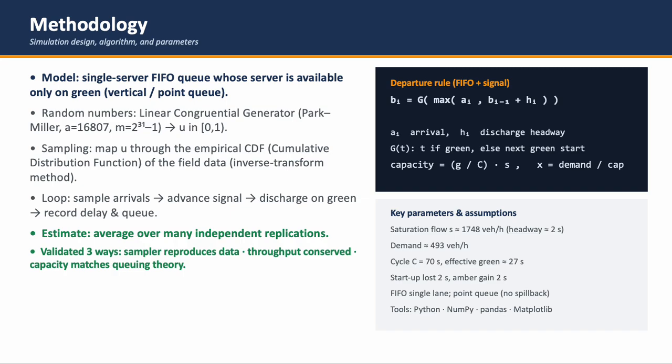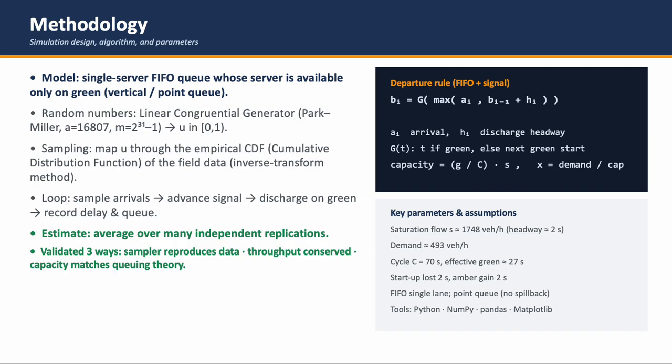Methodology. Let me explain how the simulation actually works. At its core, each approach is a first-in, first-out queue with a single server, and the twist is that the server is only available during green. Traffic engineers call this a vertical or point queue. For random numbers, I use a linear congruential generator, the Park-Miller minimum standard.